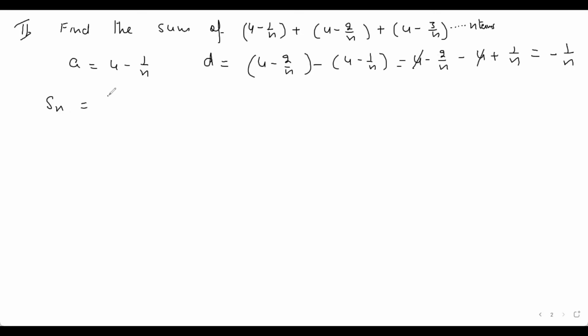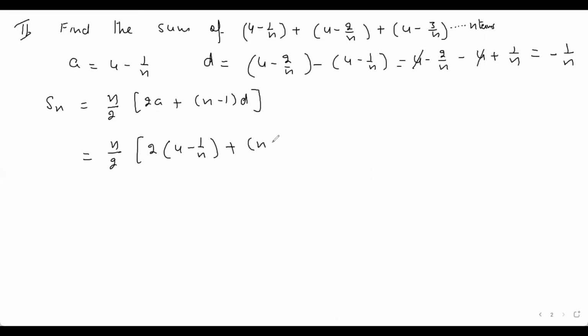The formula for Sn is n by 2, 2a plus n minus 1 d. This is n by 2, 2. Instead of a, you will write 4 minus 1 by n, plus n minus 1. Instead of d, write minus 1 by n. That is n by 2, 8 minus 2 by n minus 1 plus 1 by n.